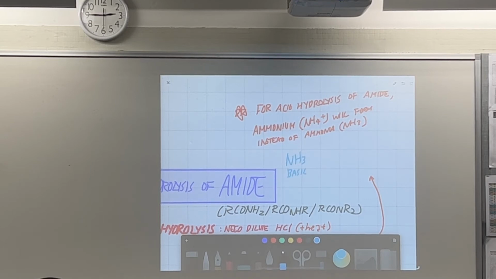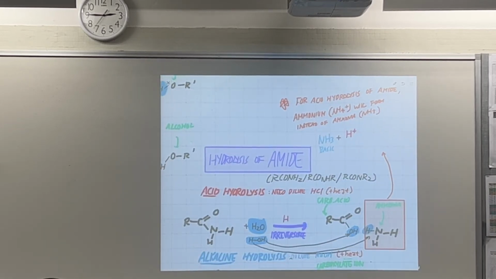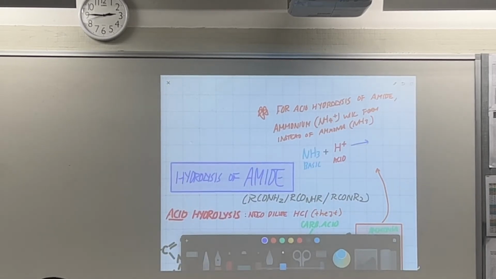It will react with H+, which is what you're using in acid hydrolysis, the acid from acid hydrolysis, to form NH4+. This is why you will not get ammonia. You will get ammonium instead, because there will be so much acid around that as soon as the ammonia is formed, it will react with the H+ to form NH4+.